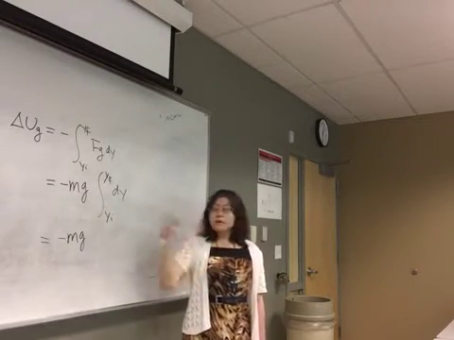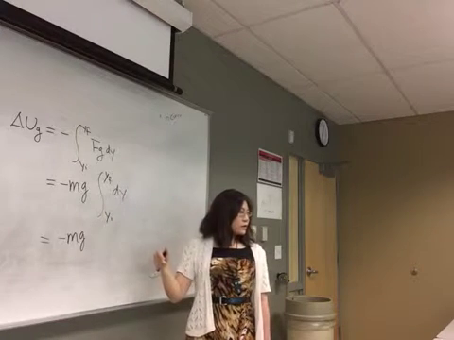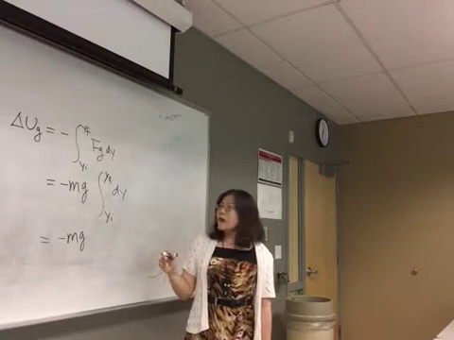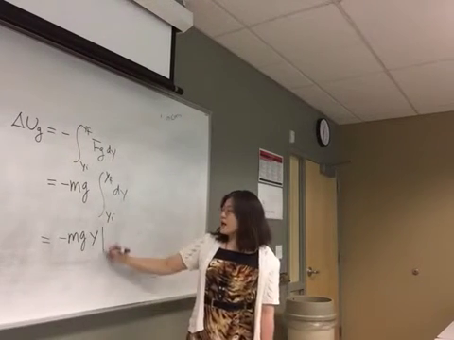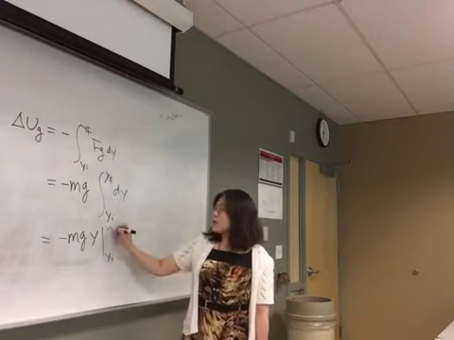The integral and the d just cancel, so what we have is just y. So you have negative mgy, evaluated from the lower boundary to the upper boundary.